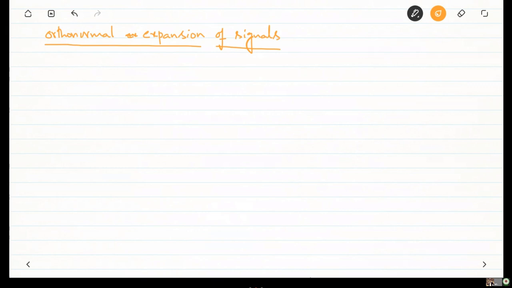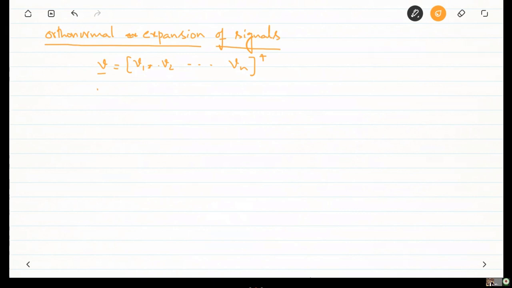If you recall, an n-dimensional vector can be represented in terms of basis vectors. So an n-dimensional vector has n components. Say if V is an n-dimensional vector, then it has V1, V2, and so on up to Vn, transpose. We want to represent signals as vectors. Recall our motivation for this topic is that we wanted to represent signals as vectors.